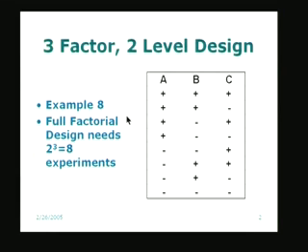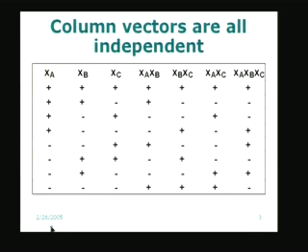That means they are orthogonal vectors. These 3 are the possible arrangement, and if you count the number of experiments, you will see that 1, 2, 3, 4, 5, 6, 7, and 8. So there are 8 experiments in this particular 3-factor 2-level design. If we want to capture all the effects, we need to do these 8 experiments.